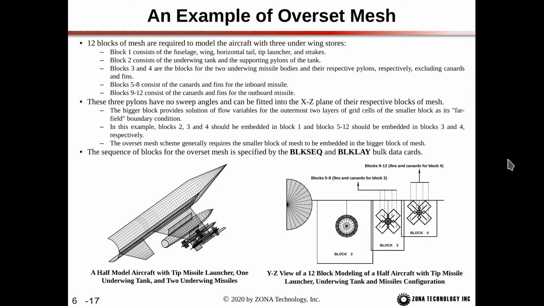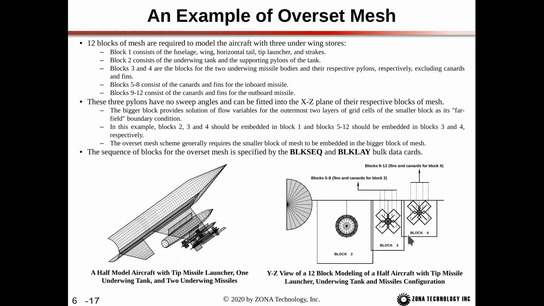So here's an example of the overset mesh. So here we have 12 blocks of mesh, which are required to model an aircraft with 3 underwing stores. So block 1 consists of the fuselage, the wing, the horizontal tail, the tip launcher, and the strakes. And then block 2 here consists of the underwing tank and the supporting pylon of that tank.